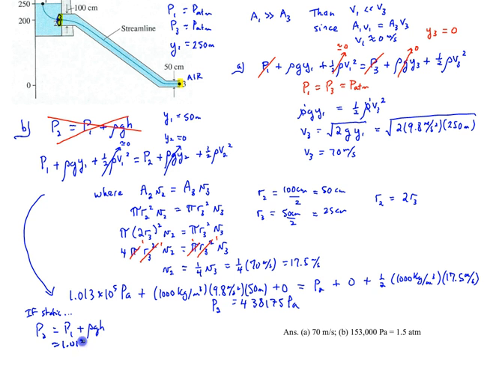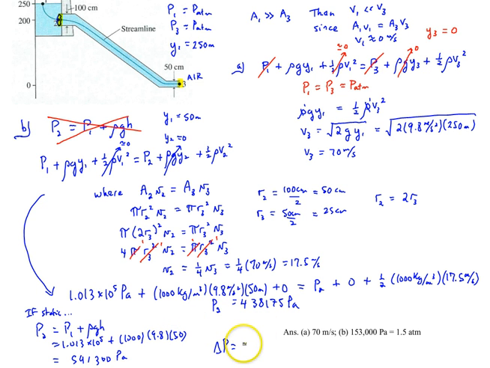That's 1.013 times 10 to the power 5, plus the same term that we have here, 1,000 times 9.8 times 50. So what we'll get is 591,300 pascals.